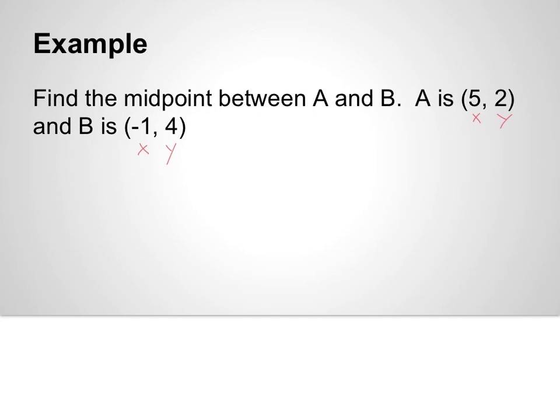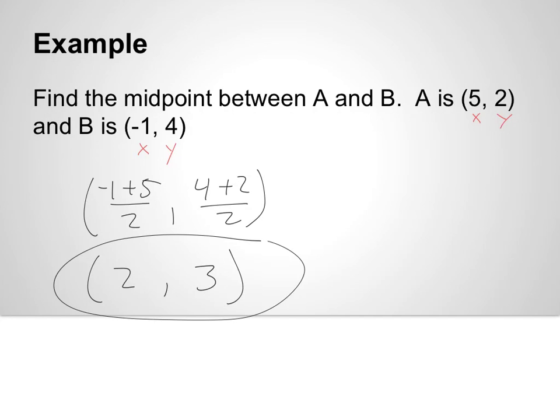Again, I'm just going to average the x's and average the y's. For my x's, it's -1 plus 5 over 2, which is 4 over 2, which reduces to 2. Then for the y's, I've got 4 plus 2 over 2, that's 6 over 2, which is 3. And that's going to be my midpoint.